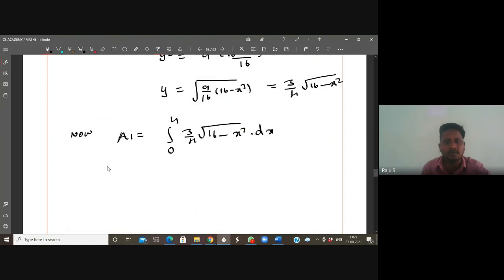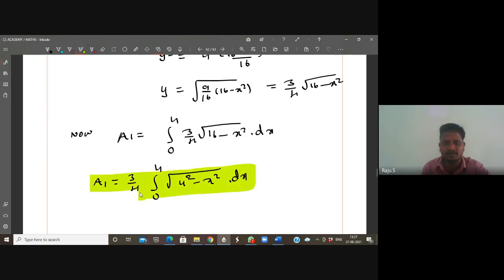Then 3 by 4 is a constant. You can take it outside. 3 by 4, limits are 0 to 4. Then see here, 16 can be written as 4 square minus x square into dx. Already we studied this formula in indefinite integration, last exercise.